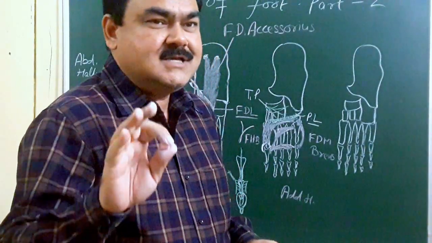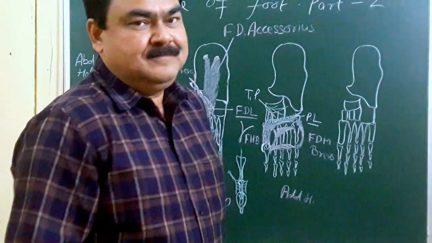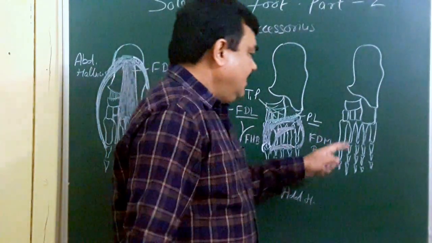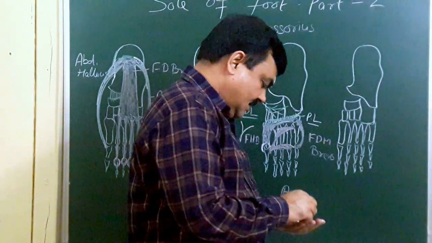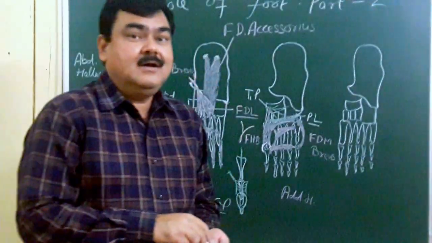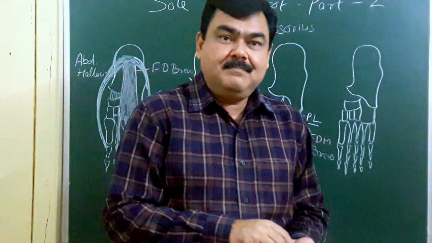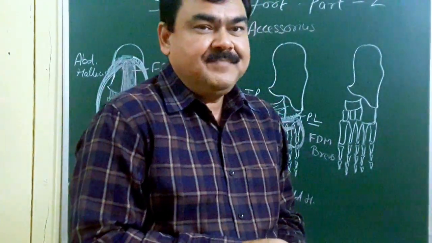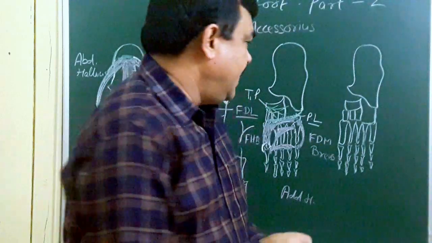Now we'll discuss the fourth layer. Here you can see, in the fourth layer there are three plantar interossei and four dorsal interossei.